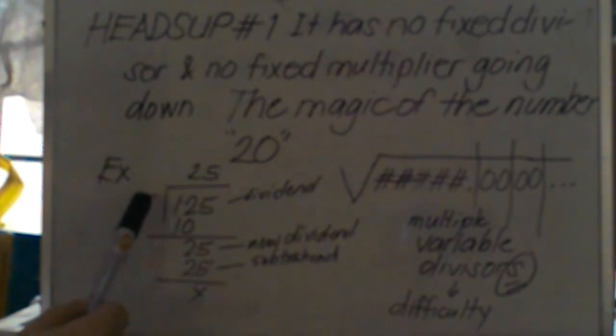And so what we do here is we divide 12 by a fixed divisor 5, and going down we have a multiplier also, until we arrive here at 25.